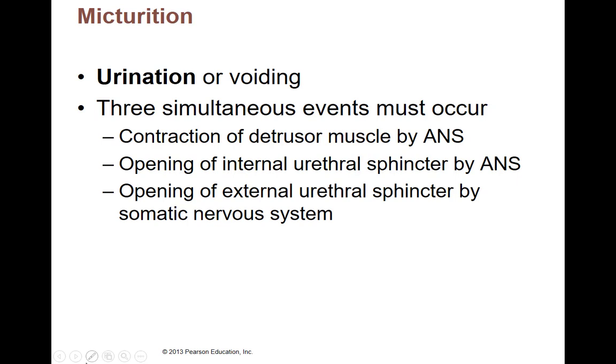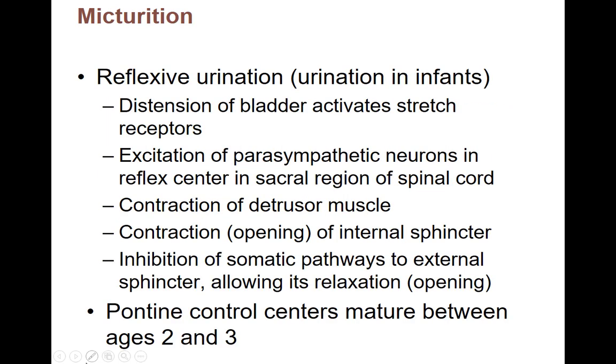Which one of the 3 can you control? This one. Somatic means the skeletal muscle, the things that you can control. So 3 things have to happen when you urinate, and some you don't even know are happening. Your bladder muscle is contracting, your internal urethral sphincter opens, and then you have that conscious control over that external urethral sphincter to relax and open that particular muscle.